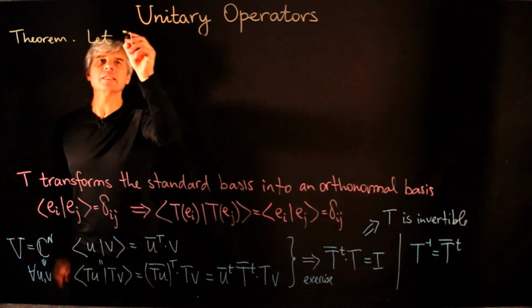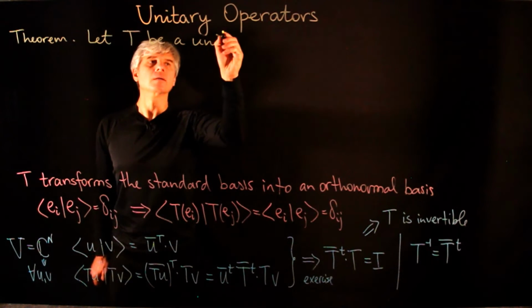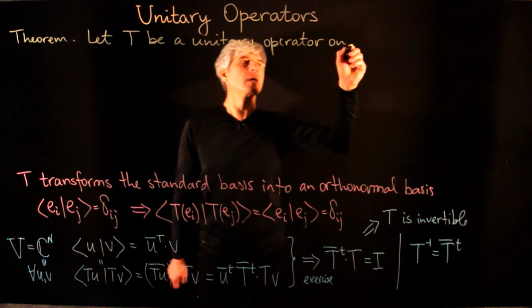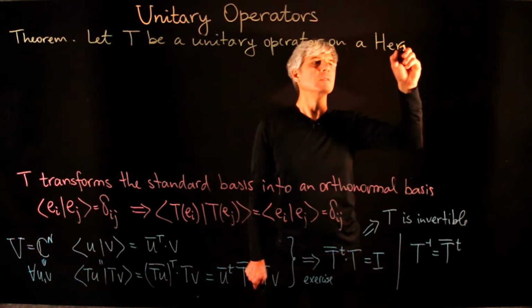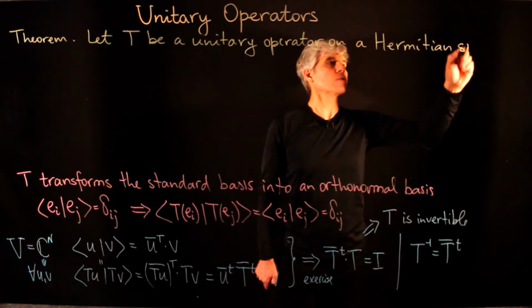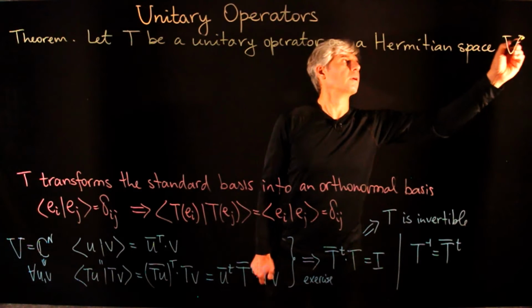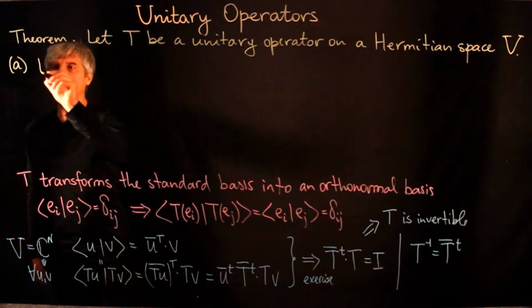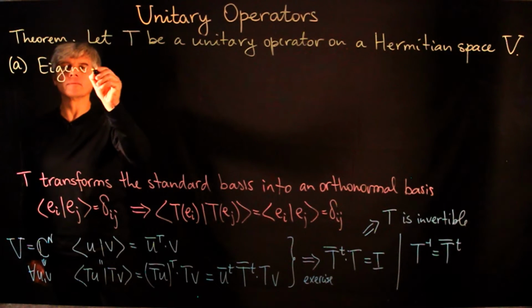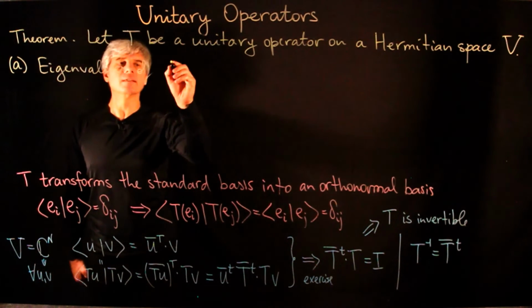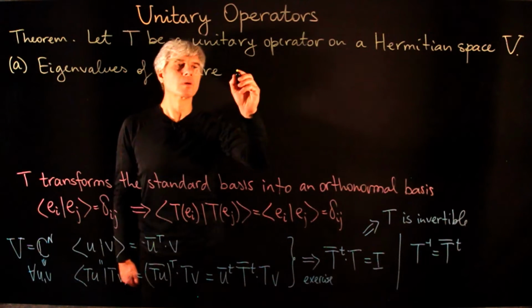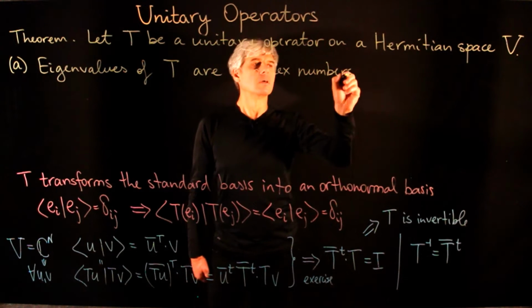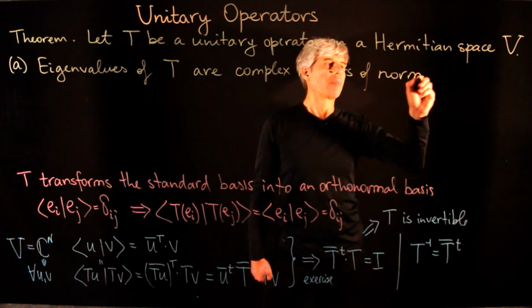Let T be a unitary operator on a Hermitian space V. Then A, eigenvalues of T are complex numbers of norm 1.